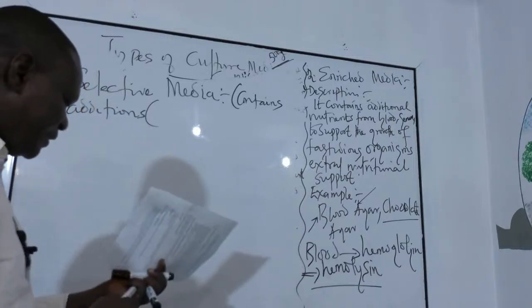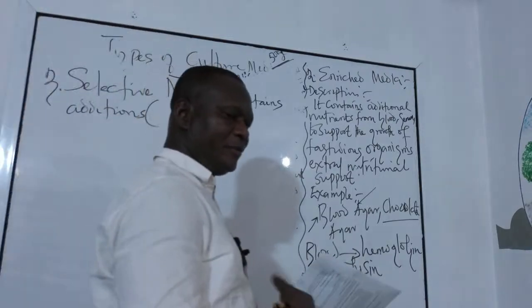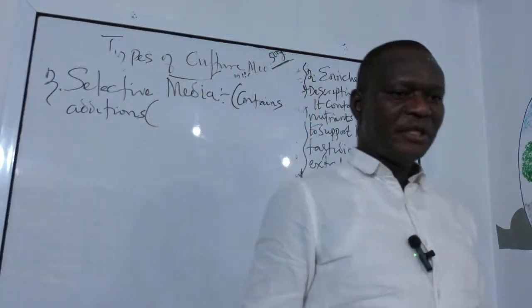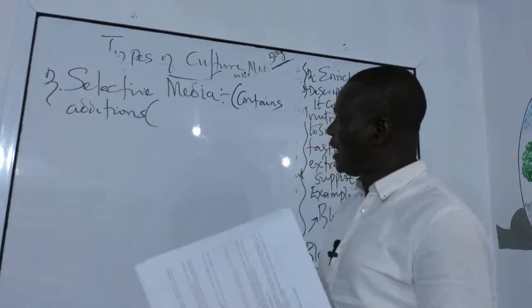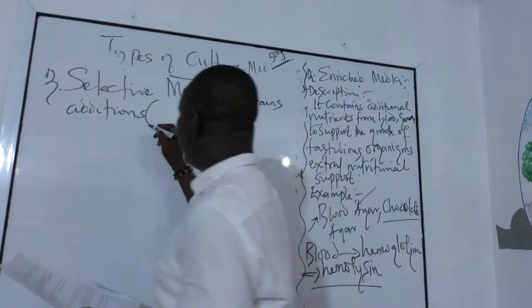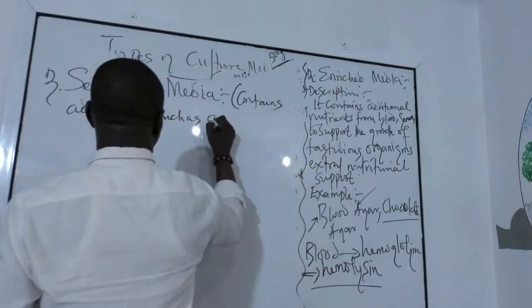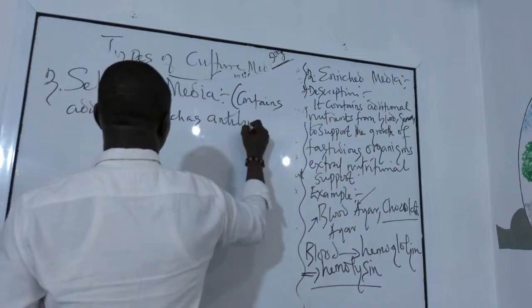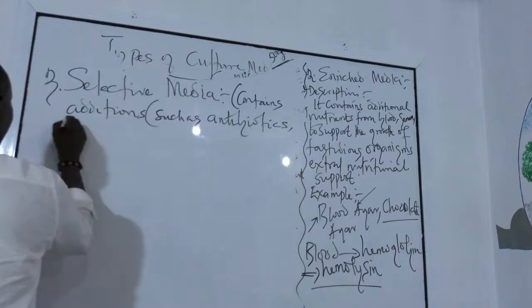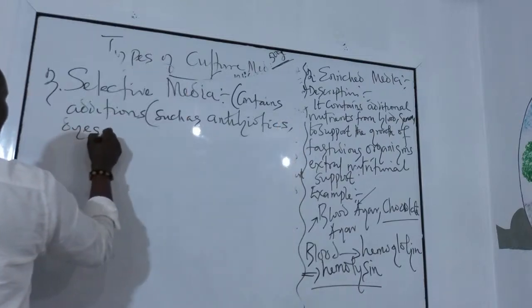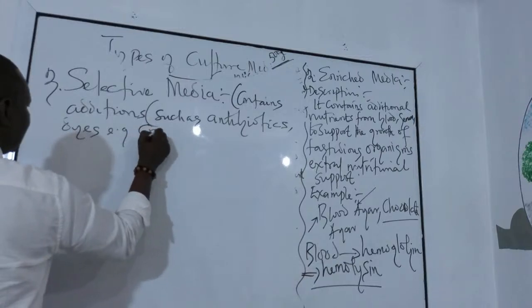That is selective, and not everybody likes these garnishing reagents. So additions, such as antibiotics, some dyes, such as crystal violet.